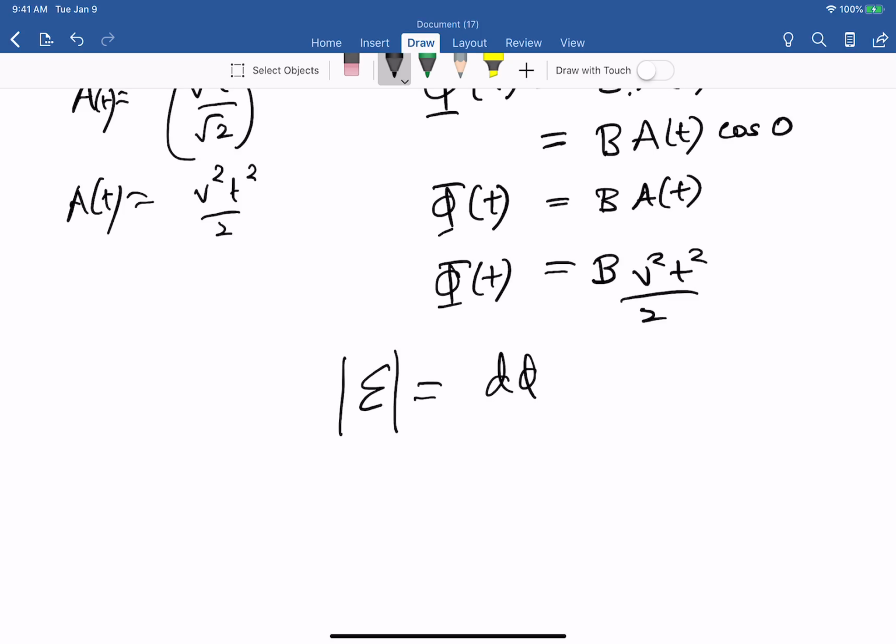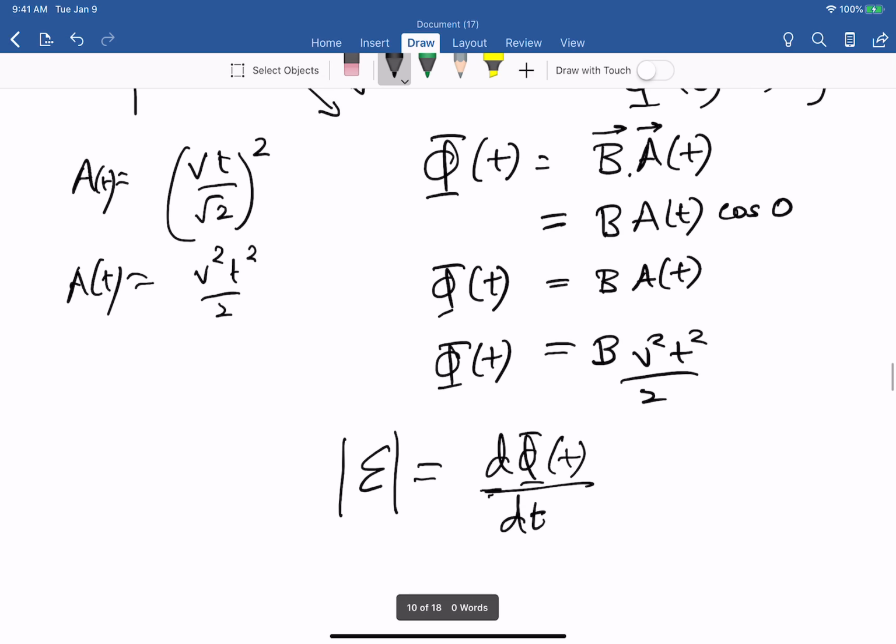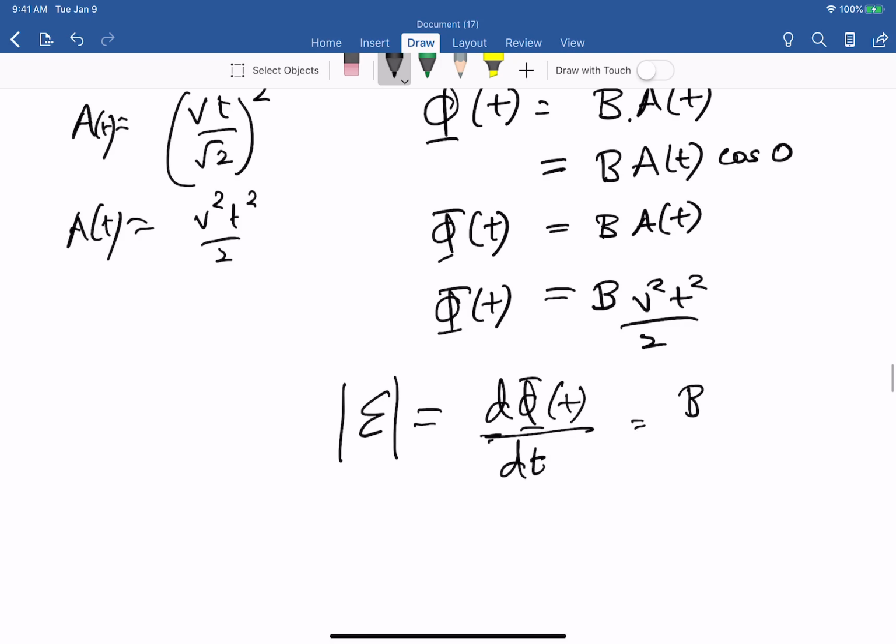Sometimes I like to write phi sub B dt to indicate that it's the flux of the magnetic field, but here it's pretty obvious that it's the flux of the magnetic field. So you just take a derivative of this, which is going to be B v squared t, and the 2 cancels out, and that's the answer.